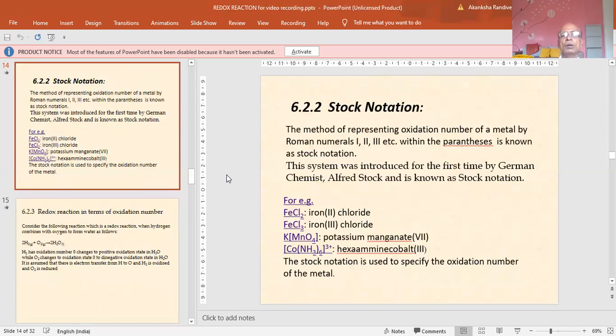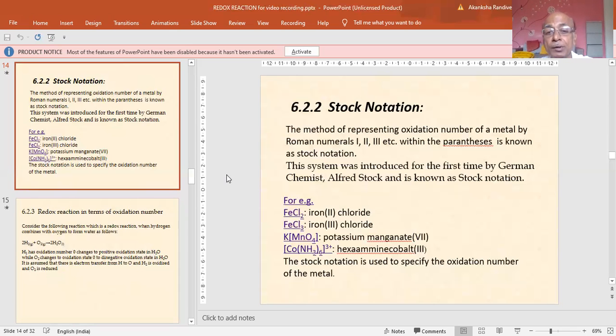So the oxidation state of iron in FeCl3: for 1 chlorine there is a -1 oxidation state, so there are 3 chlorine atoms, so the oxidation state will be 3-. And therefore the oxidation number of iron will be 3.